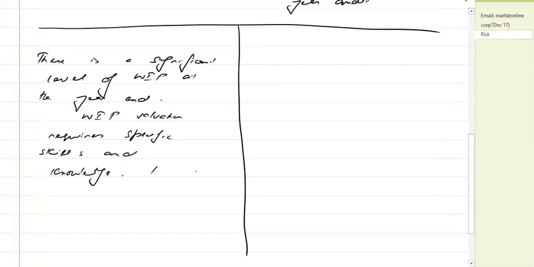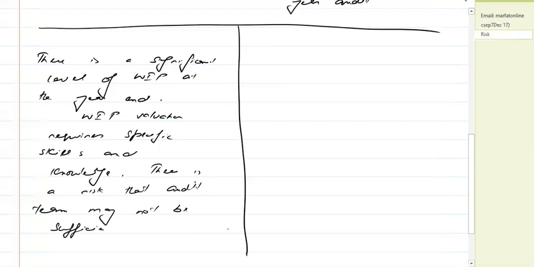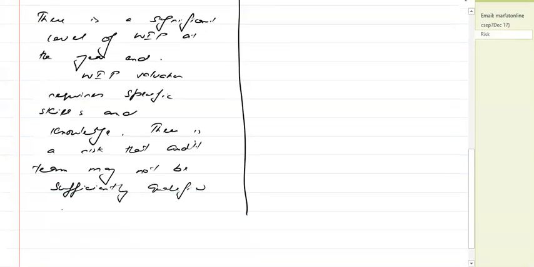There is a risk that audit team may not be sufficiently qualified to value the work in progress, resulting in the incorrect valuation.